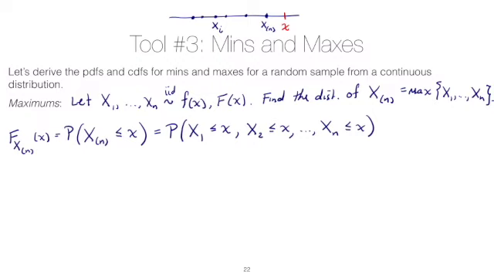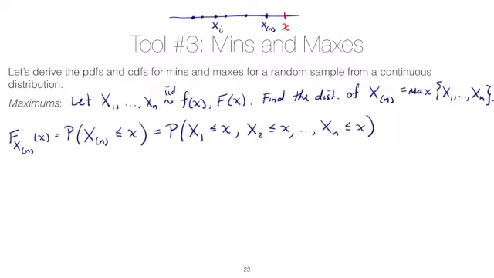You might be thinking here that we just made things more complicated, because we started out with a marginal distribution, the distribution of the max, and we ended up with something that's a multivariate distribution. It's got many components to it. It's a CDF in many dimensions. In fact, that actually makes things a lot better once we take advantage of the properties of independent and identically distributed random variables.